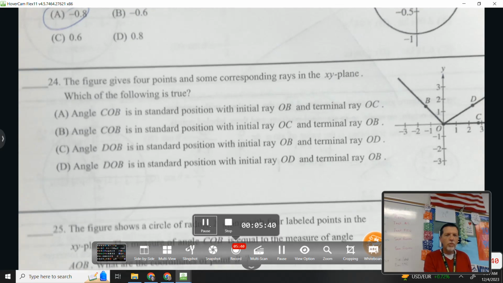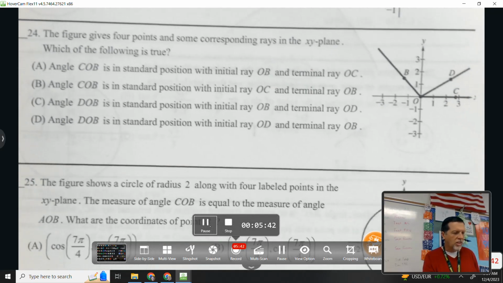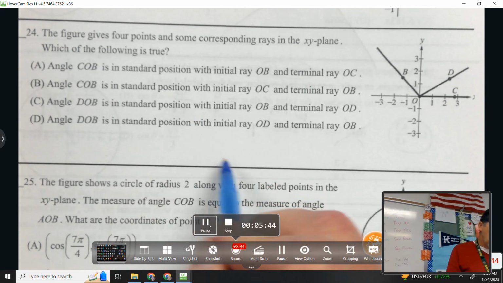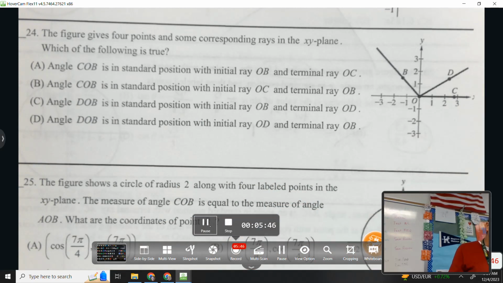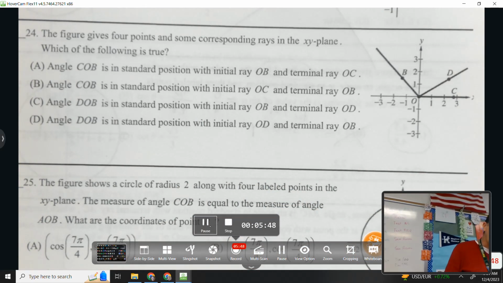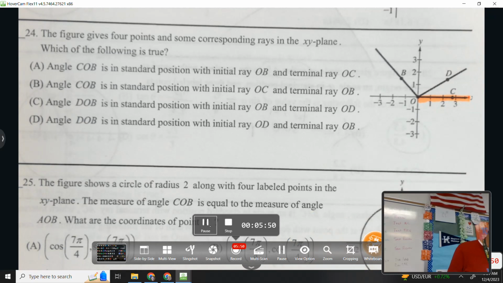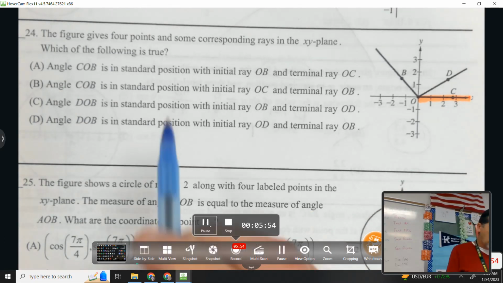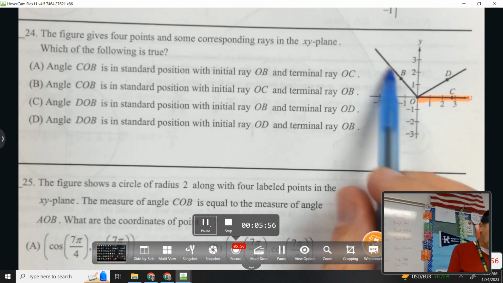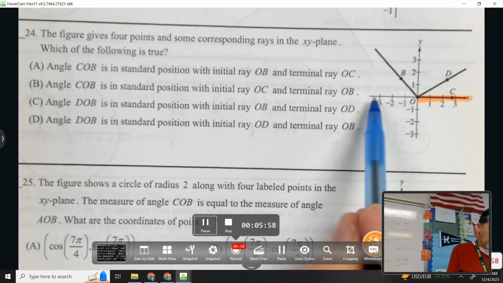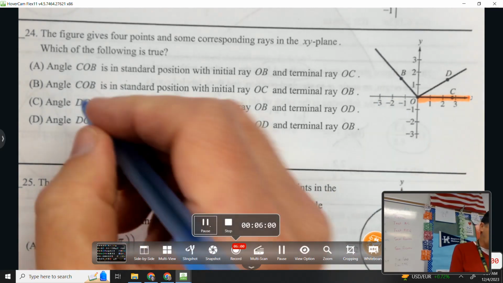All right, 24 is about standard position. Standard position basically just means you're starting on the x-axis. So that's really all 24 is asking. Angle COB is in standard position. Yes. Angle DOB is not in standard position.